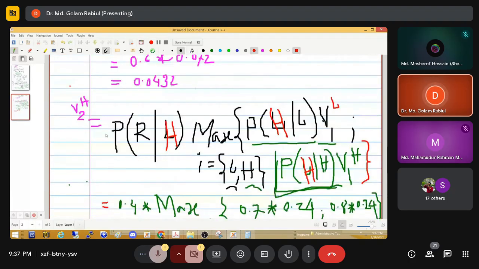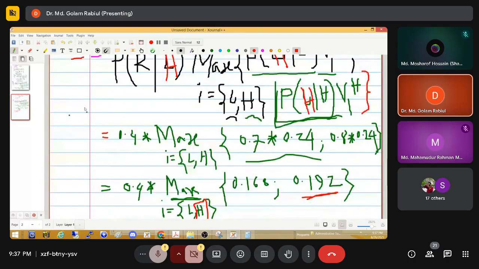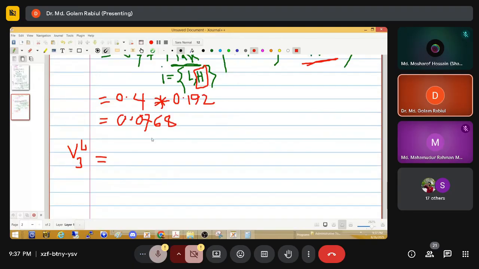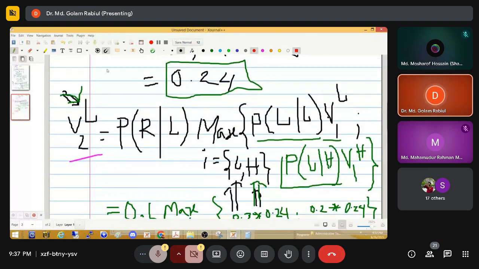So this is our V2H. We already determined V2L and V2H. Similarly, we have to determine V3 of L. Then how do we compute V3 of L?